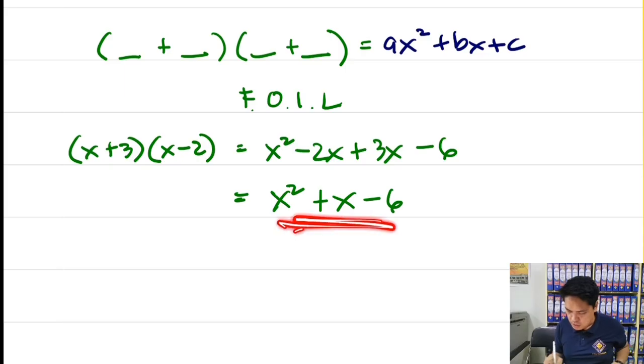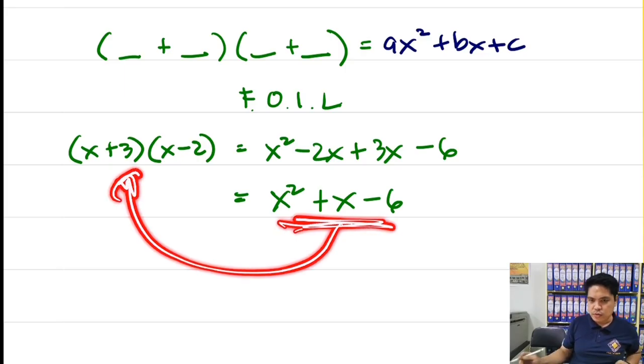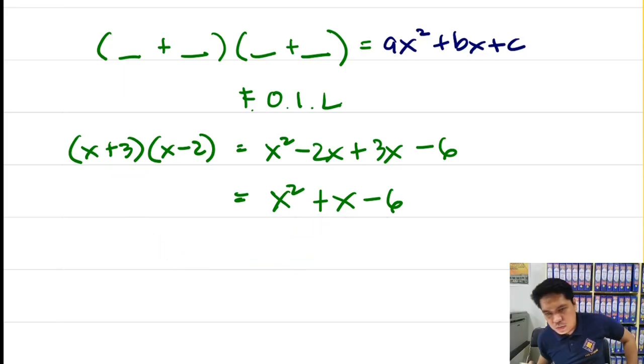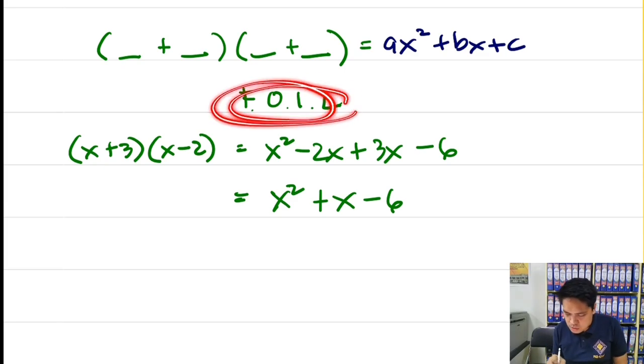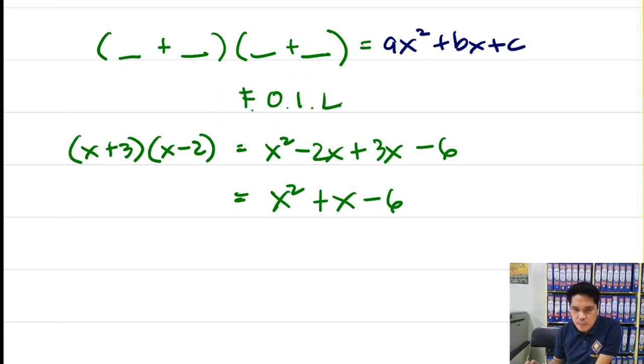So from here, how do we revert it back to there? So we'll also consider the FOIL process gihapon. Remember that pwede nato ni siya ma-determine because the first term of the resulting trinomial is just the product of the first terms of the two binomials.